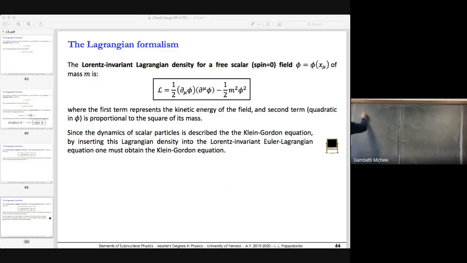The Lagrangian for a scalar is 1/2 partial mu phi partial mu phi, which are clearly first order derivatives of phi, minus 1/2 m squared phi squared. Then we have our Euler-Lagrange equation: partial mu of the derivative of the Lagrangian density with respect to the derivative of the field, minus the derivative of the Lagrangian density with respect to the field itself, equal to 0.